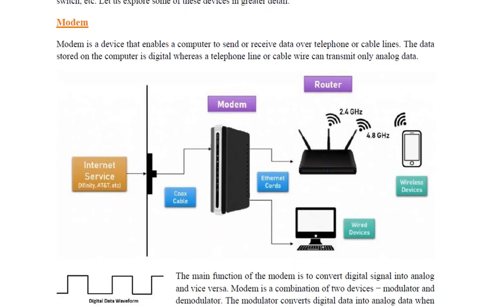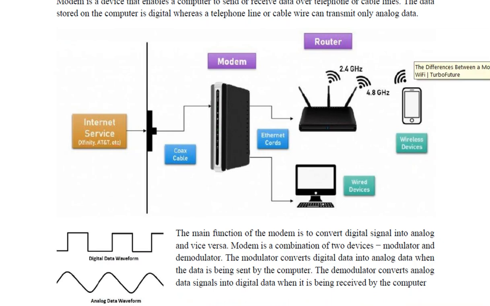Modem is used to provide internet connectivity through a public telephone network. Here in public telephone networks, the data is transmitted as analog signals, but computers and other devices work with digital signals. So the modem is used to convert analog signals into digital and digital into analog, so we can establish connectivity between a computer and the public telephone network, which transmits data in analog form.